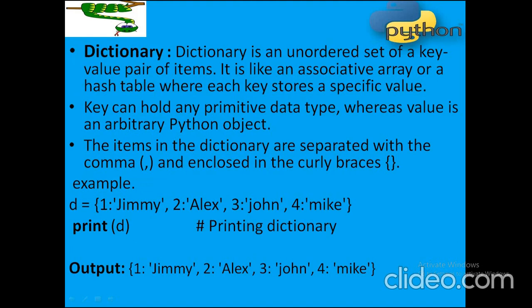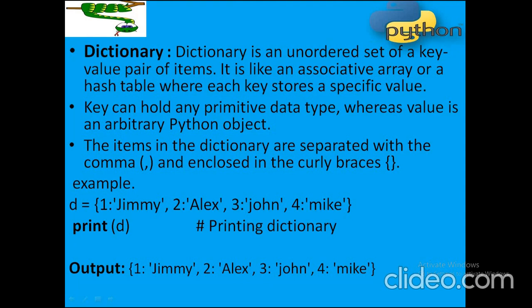The next data type is a dictionary. A dictionary is an unordered set of key value pair items. This is one of the mutable data types. In a dictionary we can make modifications, updates or any changes we require.